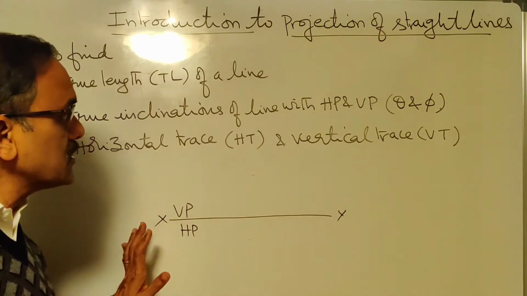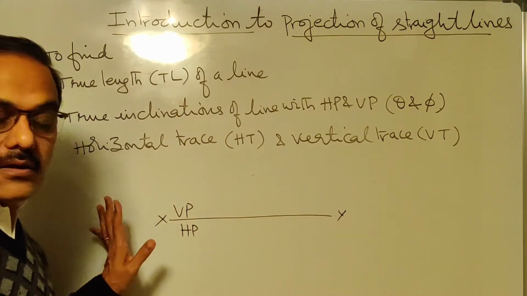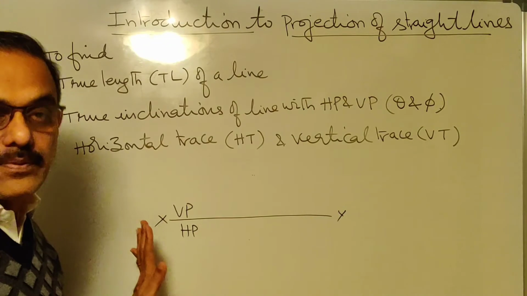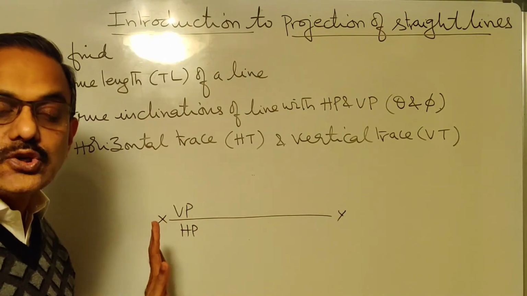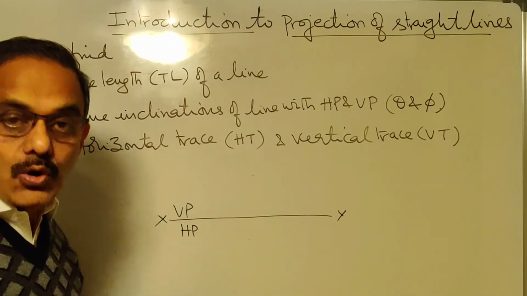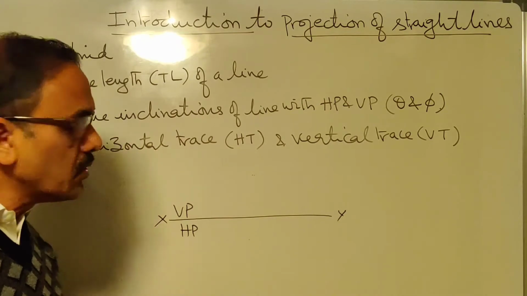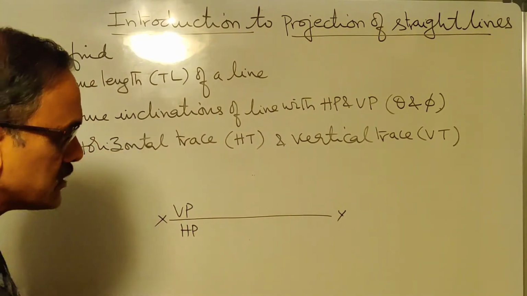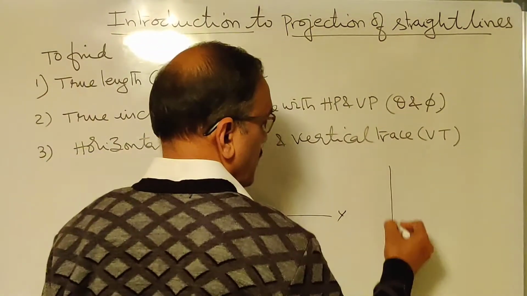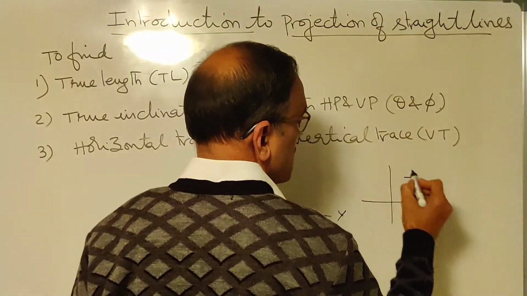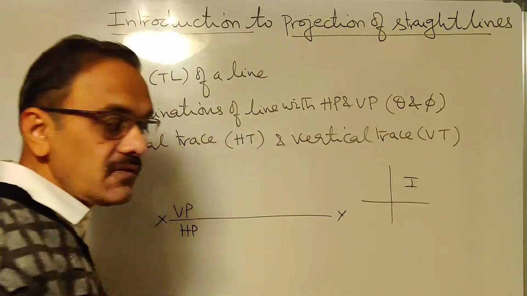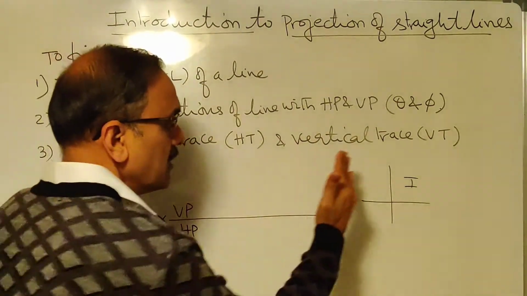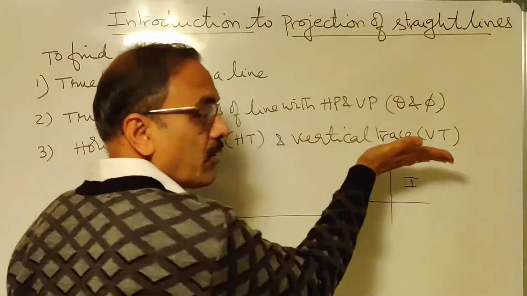As soon as you enter projection of straight lines, you are going to follow first angle projection. In other words, the line is going to be there in first quadrant only. When it is in first quadrant, you know what is its position. If there is a line in first quadrant, what is its position with reference to VP and HP? It is in front of VP and above HP.